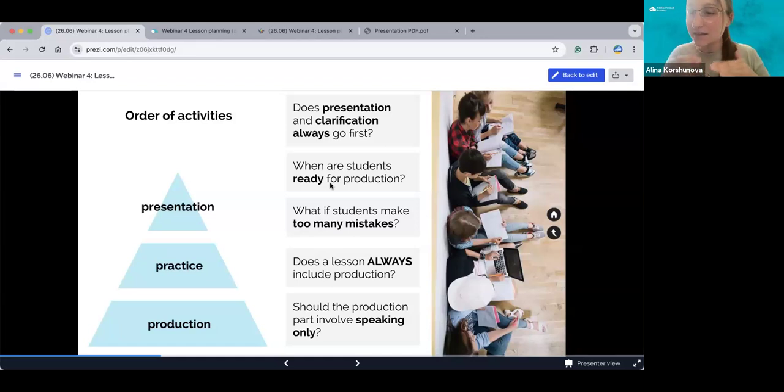If you see that your students are not ready for the production, they make too many mistakes, maybe it's time for you again to change your direction, to change your lesson plan and give them more controlled practice to gain better accuracy. Production will be next lesson or whenever you have time. So make sure that your students are ready for the production.